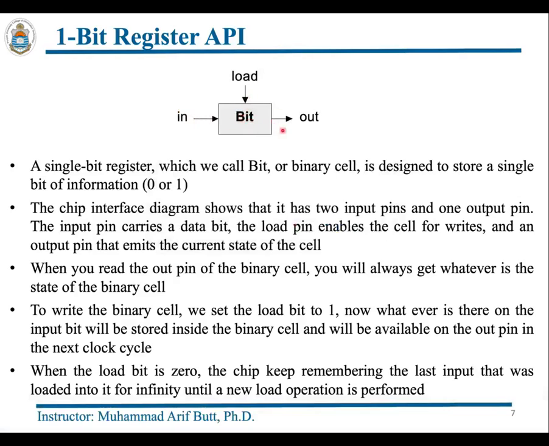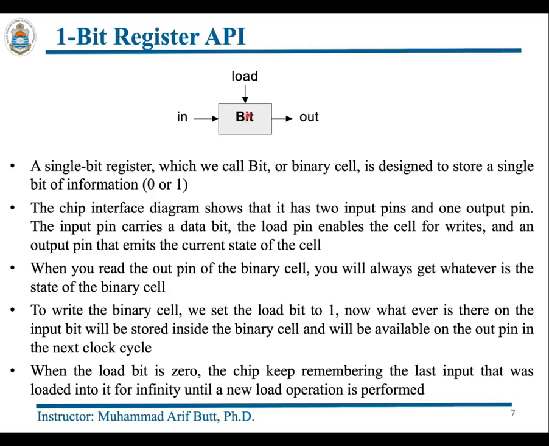The chip interface shows that it has two inputs, a single bit in and a single bit load, and a single bit output. The input pin carries the data bit, and the load pin enables the cell for writes, and the output pin emits the current state of this binary cell. When you read the output pin of the binary cell, you will always get whatever is the state of the binary cell, that is, whatever is stored inside this bit.